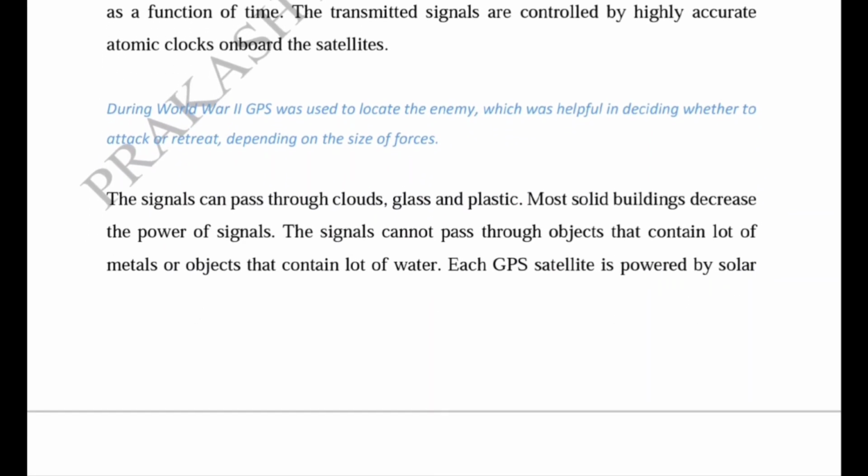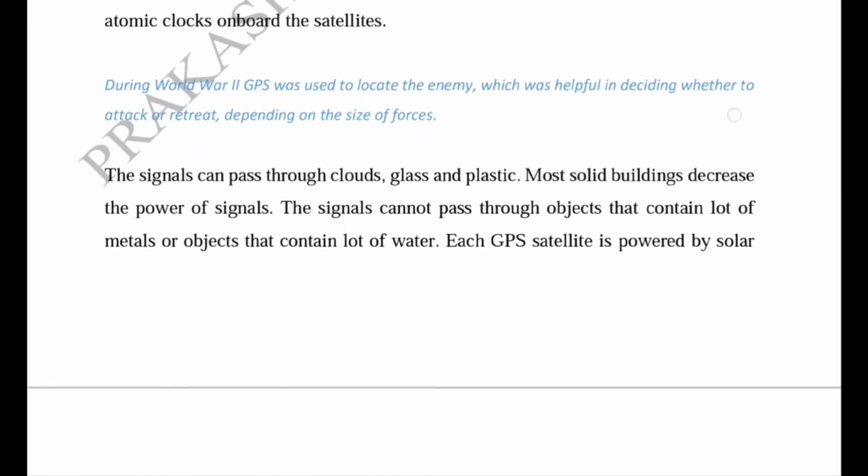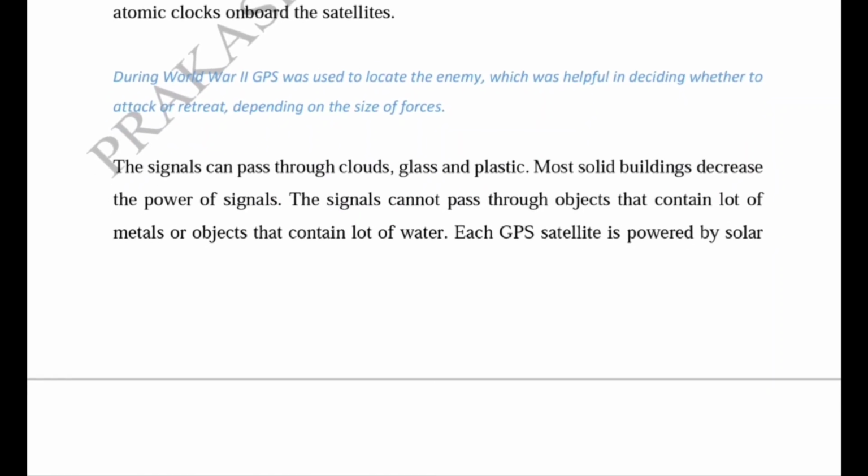So we require a minimum of 4 satellites for our position calculation. This GPS was used to locate the enemy during World War II, to decide where the crowd is so they could attack there for large destruction.